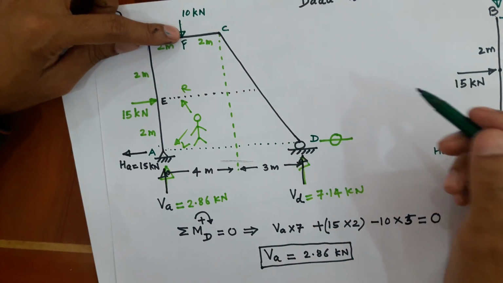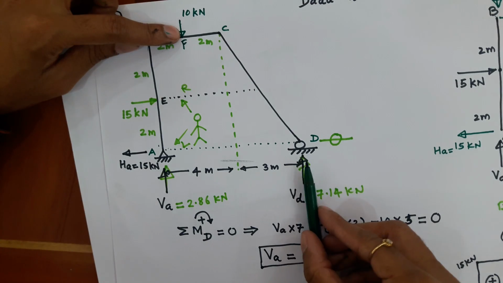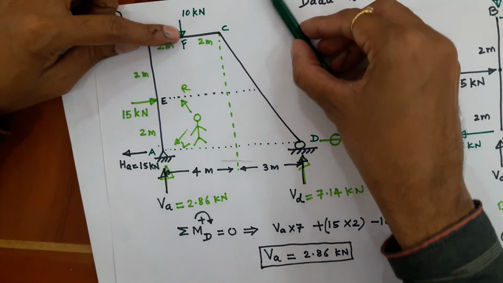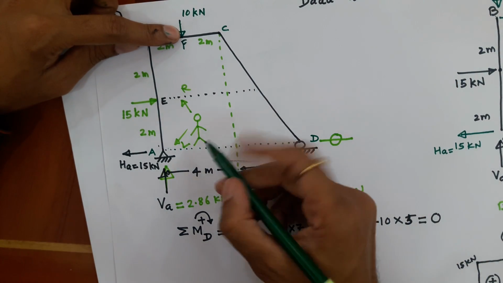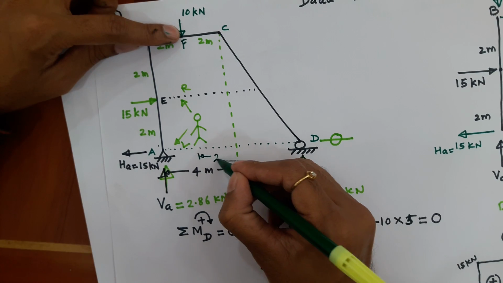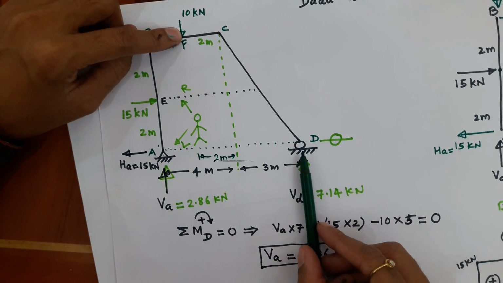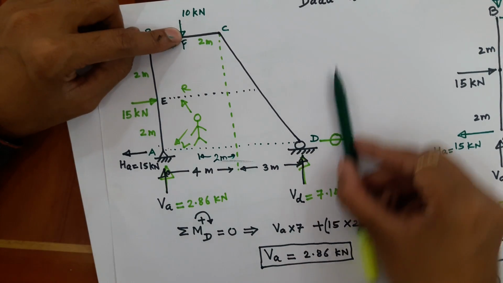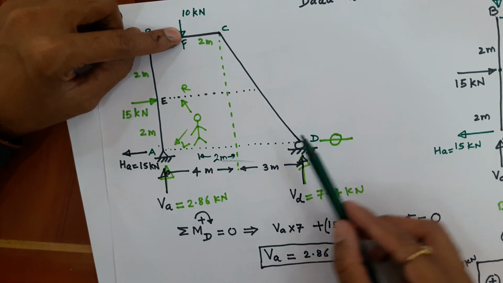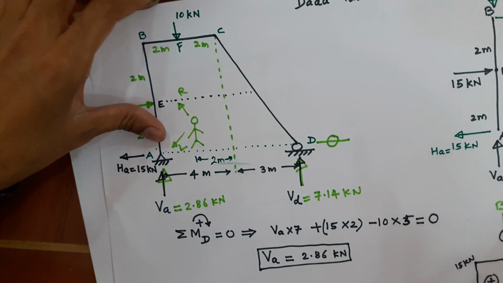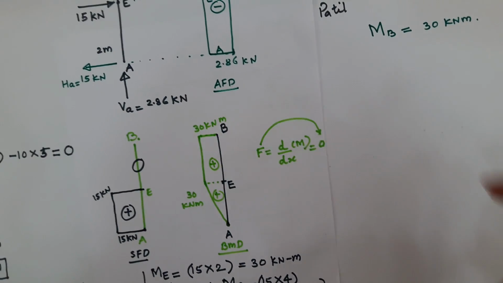So bending moment at F will be this 7.14 into perpendicular distance 5, because this is 2 meter. And if you see keenly, this 7.14 is trying to open up this part of CD like an umbrella. Therefore, as I told you in the beginning, I can take it as positive.